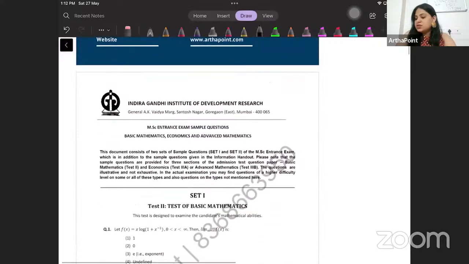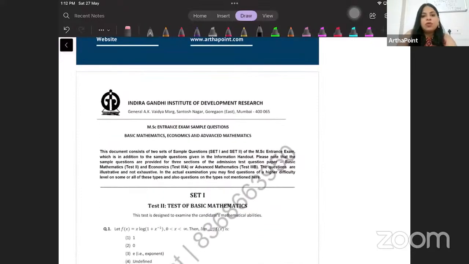So, this is your sample paper of IGIDR, and I'm going to solve this sample paper with you. Okay. Beta, the test of IGIDR is going to consist of three parts: basic maths, advanced, and eco. And what I'm going to do with you today is the basic math.